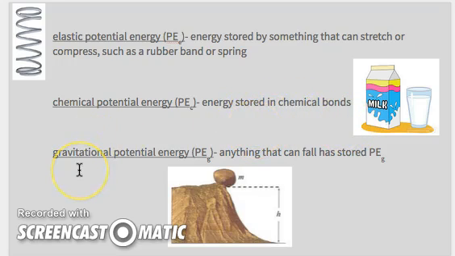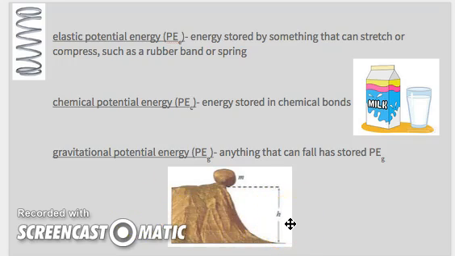Okay, next we've got gravitational potential energy. Gravitational potential energy is denoted with the PE, and we've got a little subscript g here for gravity. And anything that can fall has stored gravitational potential energy. We've got this example of this rock on top of a cliff here. This rock has a certain mass and it has the potential to fall because it is a certain height off the ground.